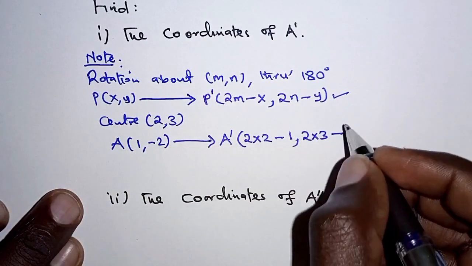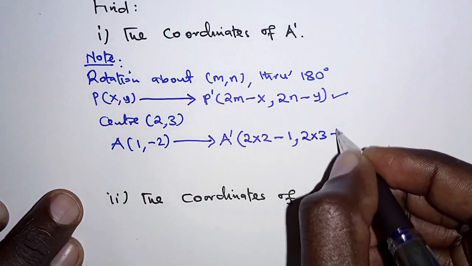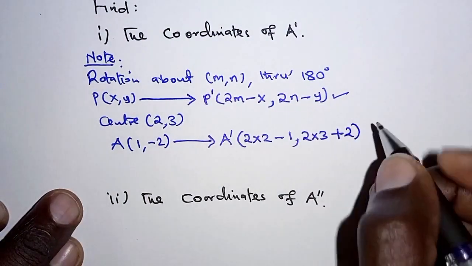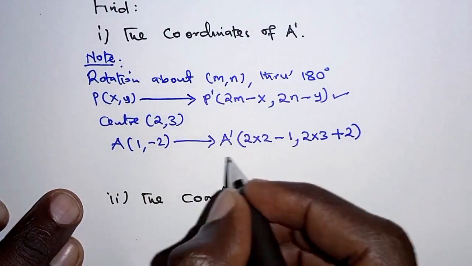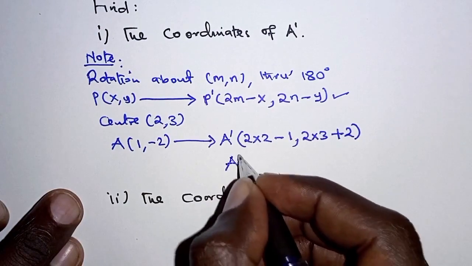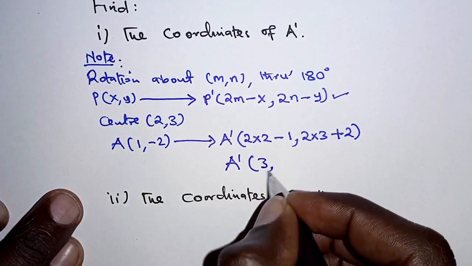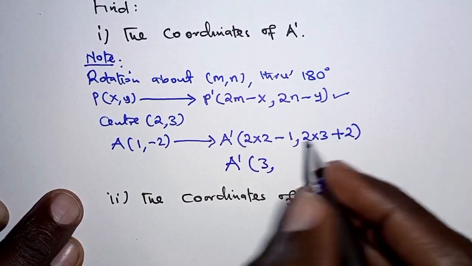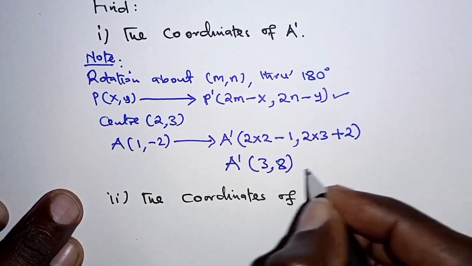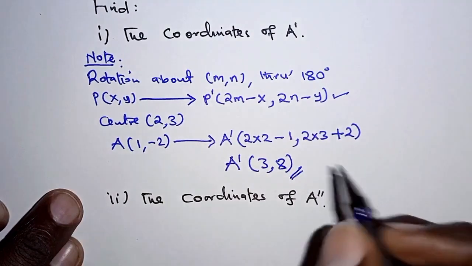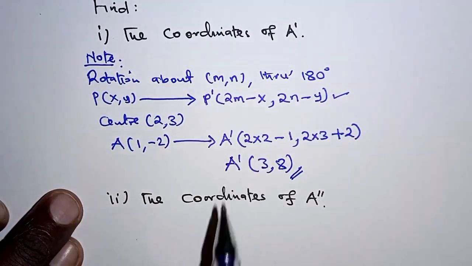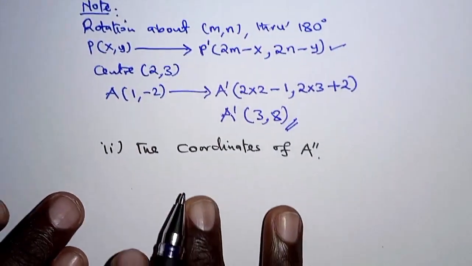So minus -2, we have plus 2. So this simplifies as A prime becomes 4 - 1, that is 3, and here 6 + 2, 8. And thus we have the coordinates of A prime as (3, 8), as had been required.